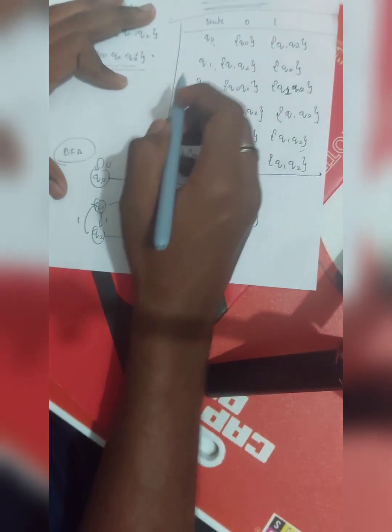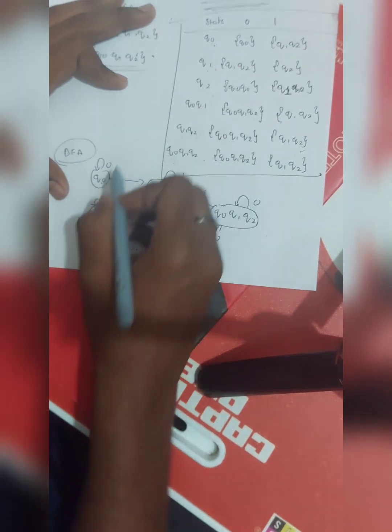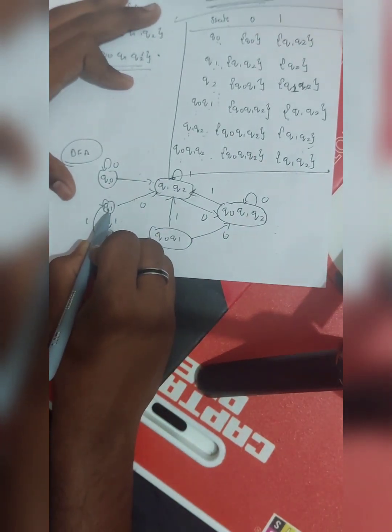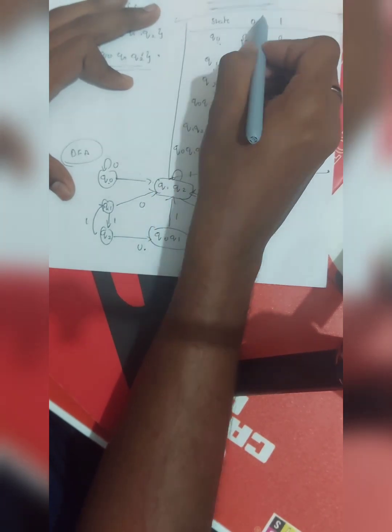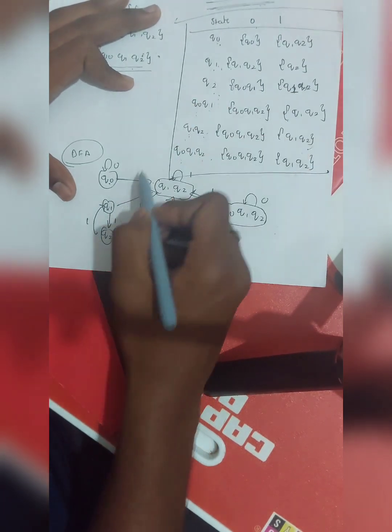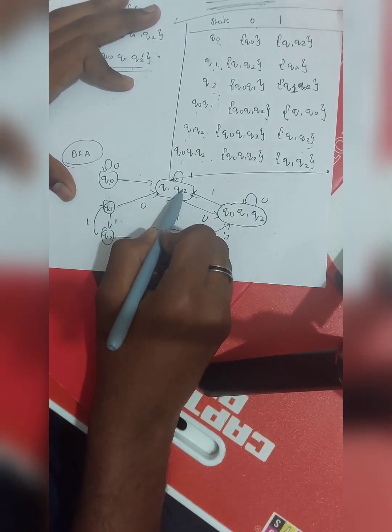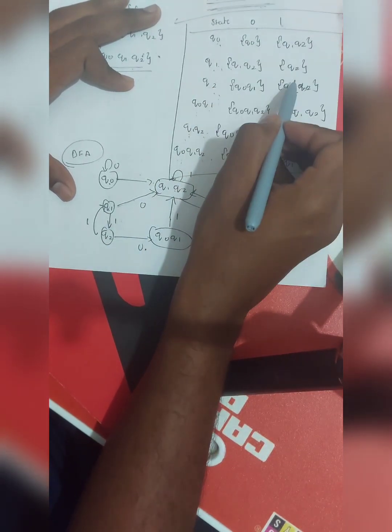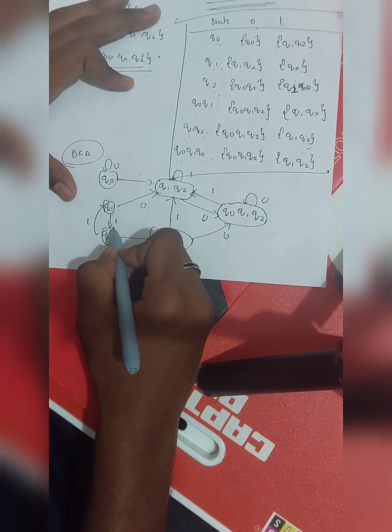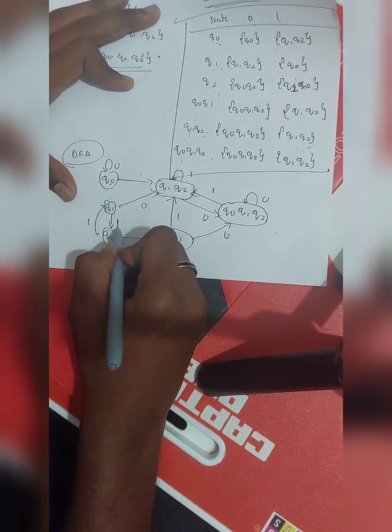Now take Q1. Write Q1 and check with respect to 0. Q1 with respect to 0 is traveling to Q1, Q2. Write as it is. Again Q1 with respect to 1 is traveling to Q2. Take a new state and draw a line and put it for 1.